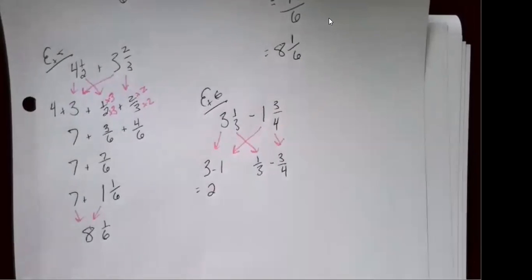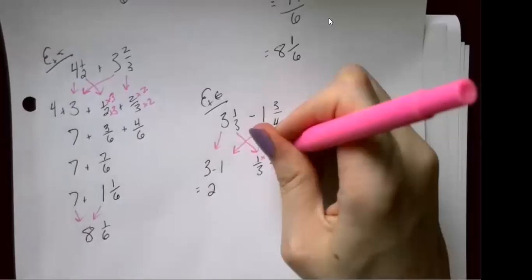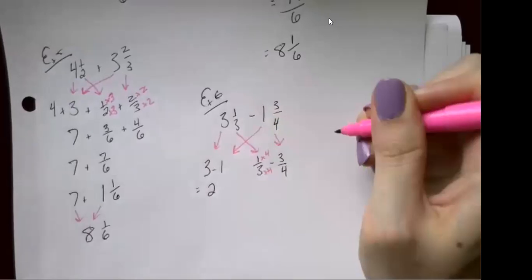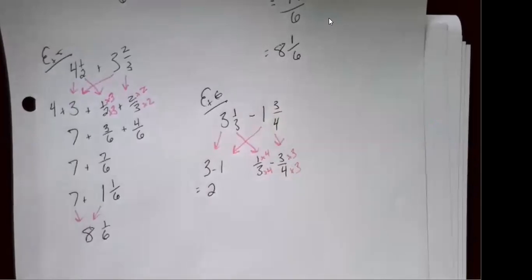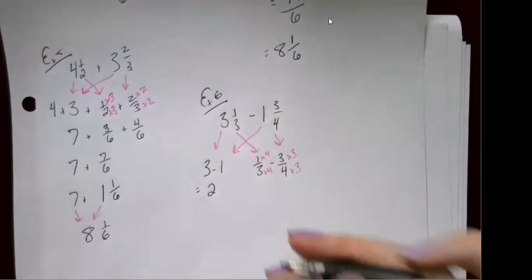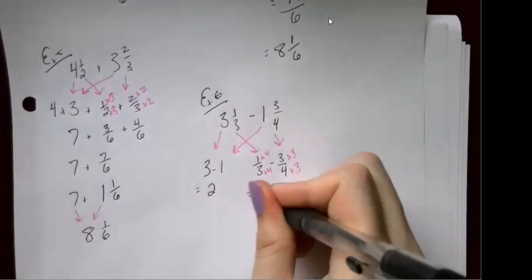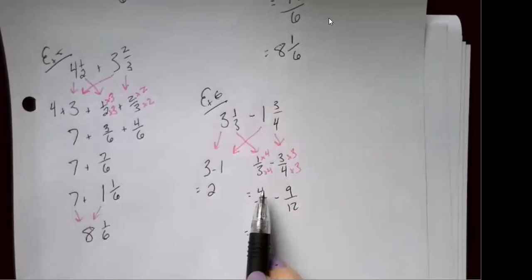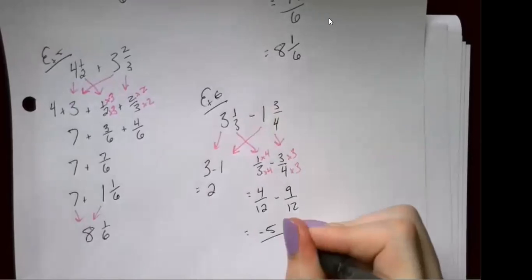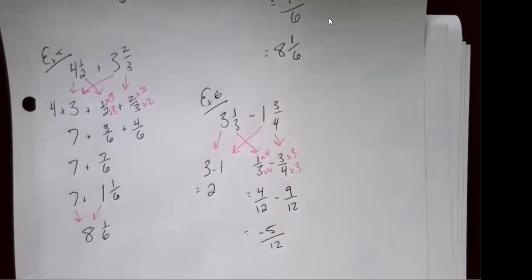Again, to subtract fractions, we need a common denominator. So I'm going to multiply the first fraction by 4 and the second fraction by 3, which gives me 4/12 minus 9/12. 4 minus 9 is -5, and we keep our denominator.